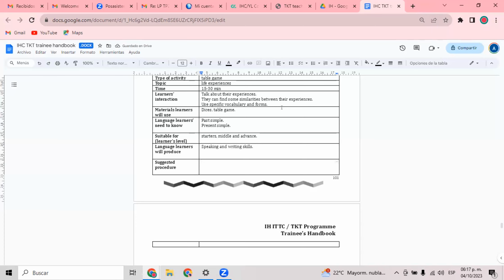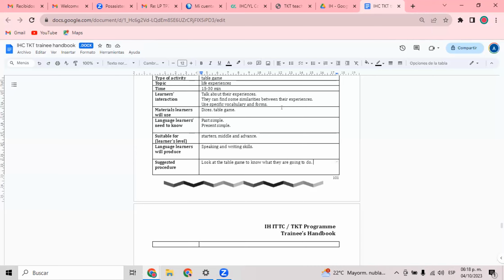I suggest procedure. First, look at the table game to know what they are going to do.